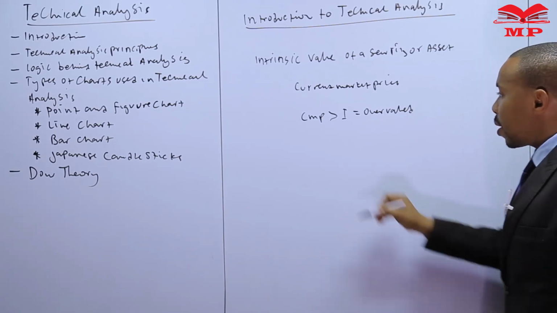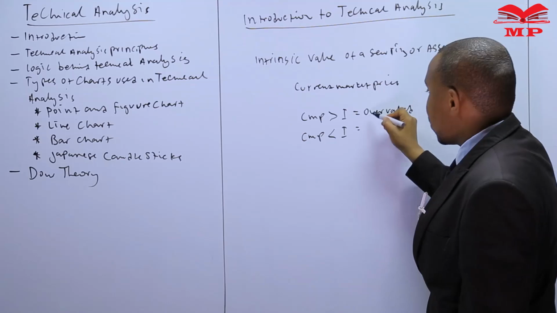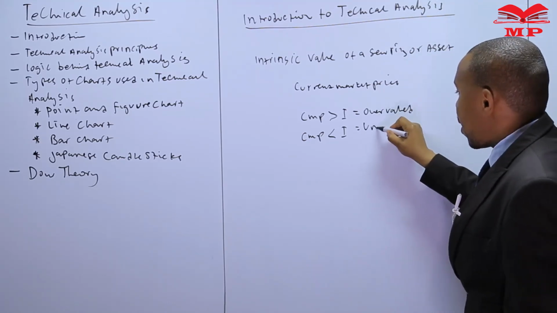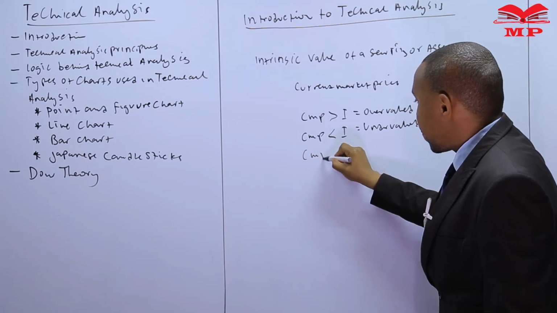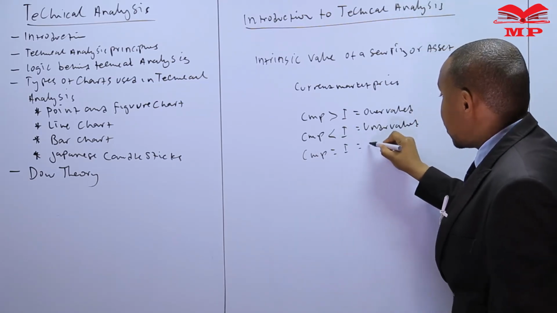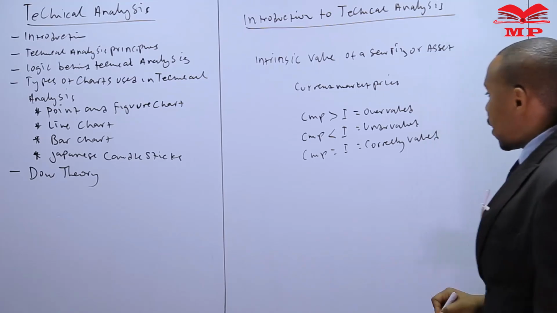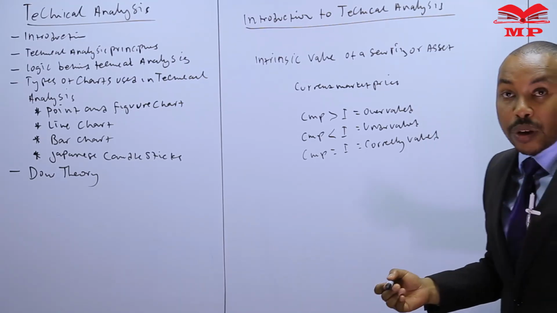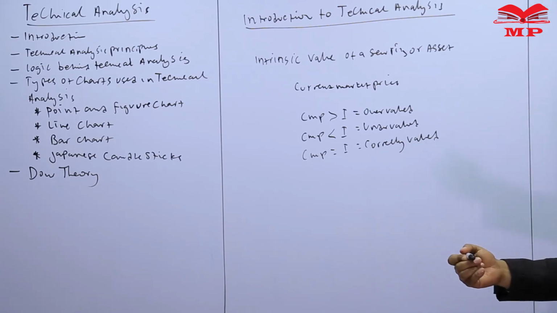If the current market price is less than the intrinsic value, it is the opposite of that, we are saying it is undervalued. If the current market price is equal to the intrinsic value, it is correctly valued. That is what we have been doing by looking at those models that govern fundamental analysis.